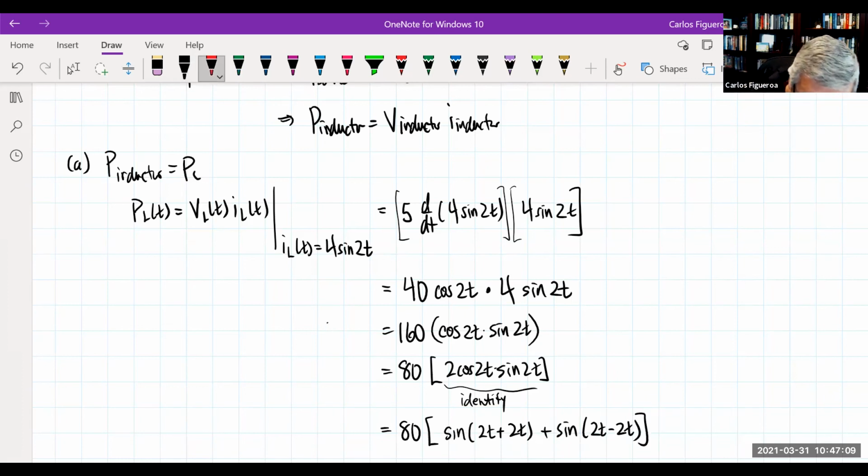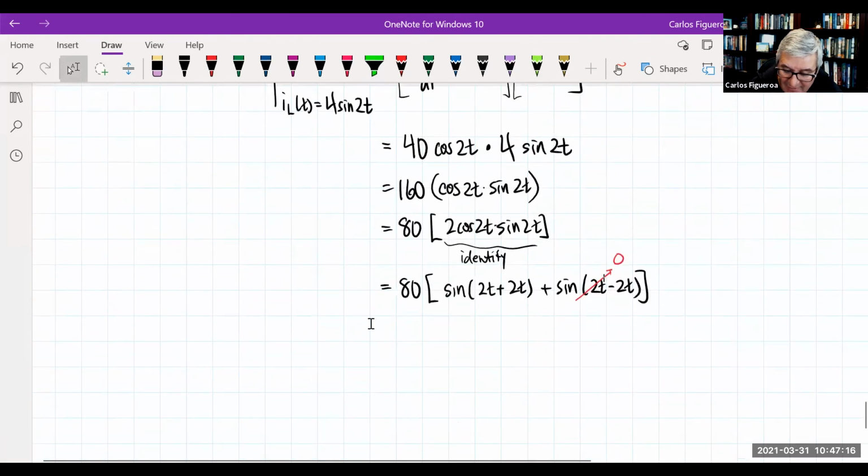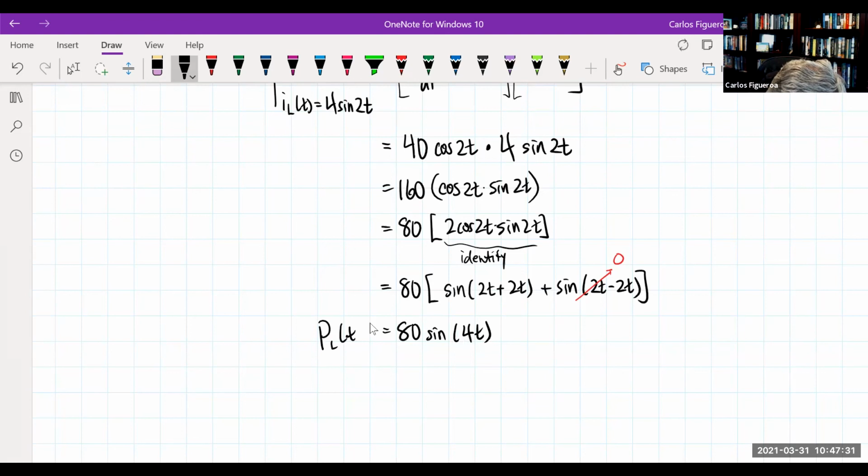And of course, you're seeing here that the sine of 0 is 0. So the power of this guy is going to be 80 sine of 4t. This is the power of the inductor as a function of time, and it has units of watts. So there's my power of the inductor.